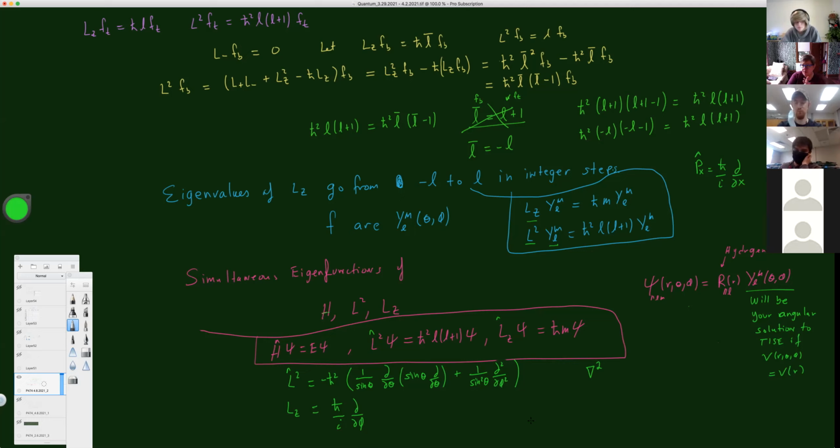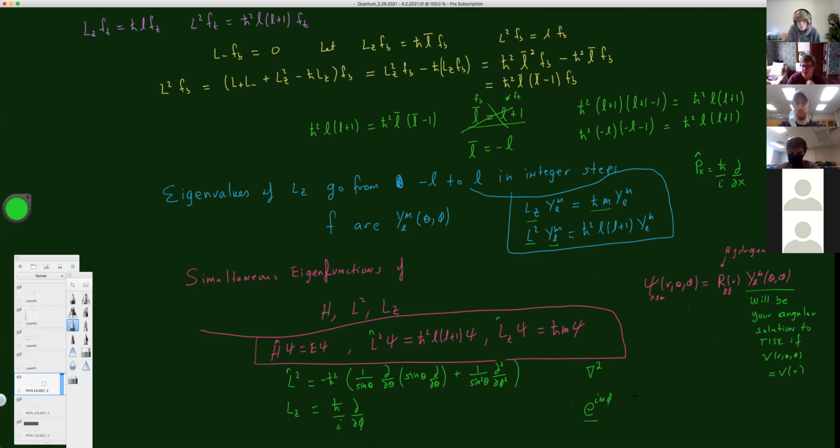If you look at the spherical harmonics in the book, anytime m is not 0, the azimuthal quantum number, the dependence is something like e to the im phi. Notice that if you act this operator on this function, the i's are going to cancel, and your eigenvalue is going to be h bar m.